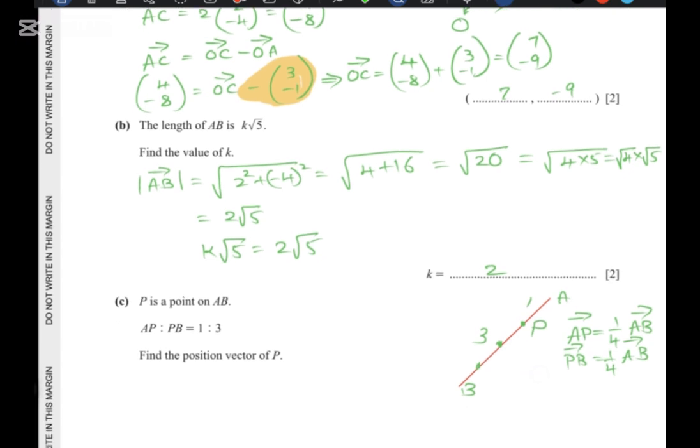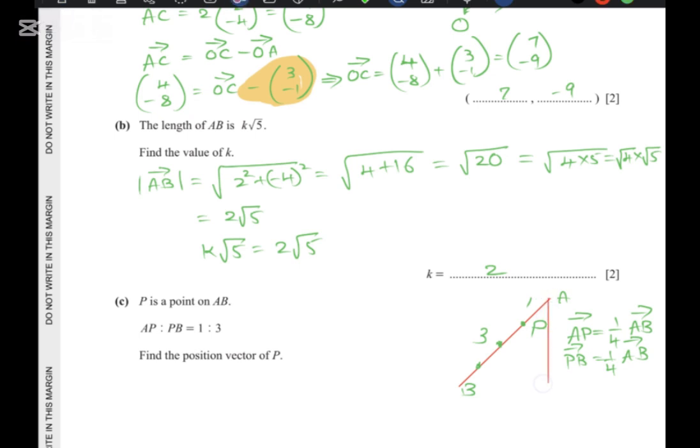Now P is the point on AB. Another information is AP is to PB is 1 is to 3. We already did that here. Find the position vector of P. We have to find out the position vector of P. This is the question here. So the position vector of P will be from the origin to P. So let me draw the origin also on this diagram.